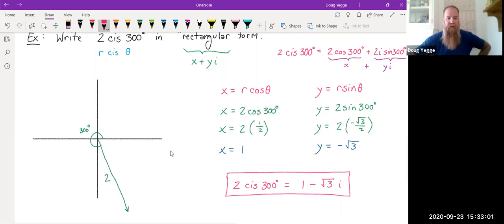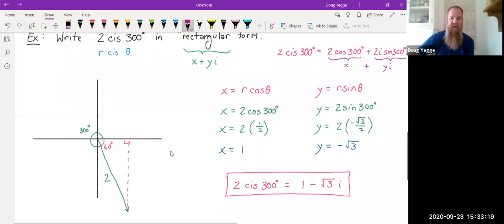But now if we look at this in terms of a reference triangle, by drawing up to our x-axis, we can see that this is actually a reference angle of 60 degrees, which would complete the 360 degree rotation. So this is a 30, 60, 90 triangle.